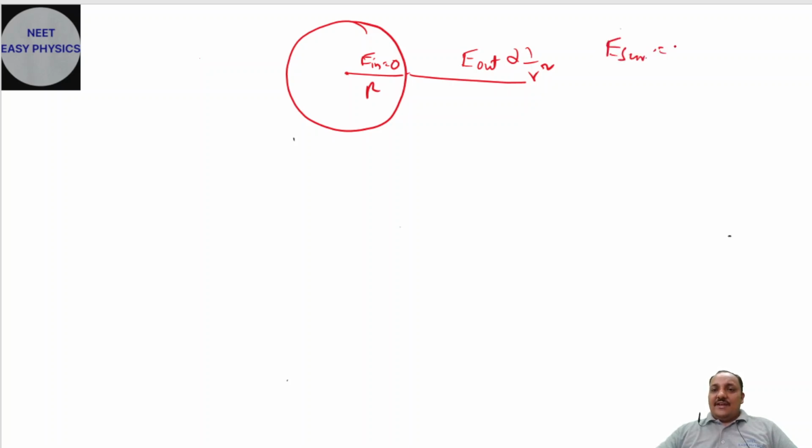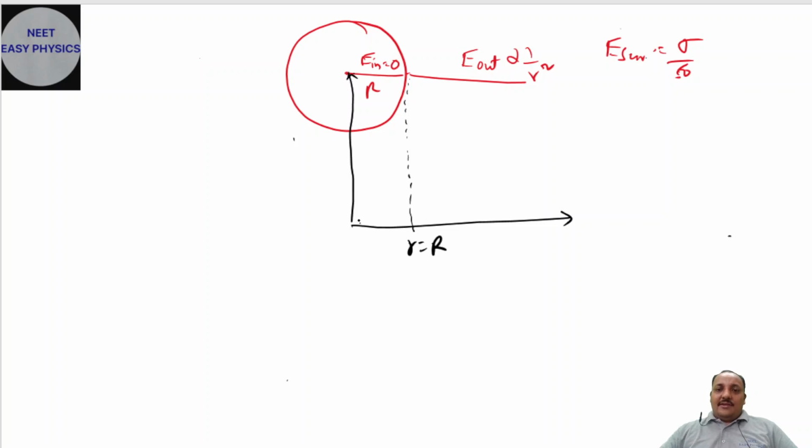On the surface, sigma by epsilon naught, it is going to become maximum. So if you want to draw the graph, how it is going to come means like this. Center to surface, small r is equal to capital R. So this is the graph drawn between electric field intensity and distance.